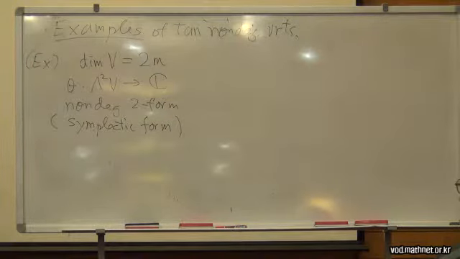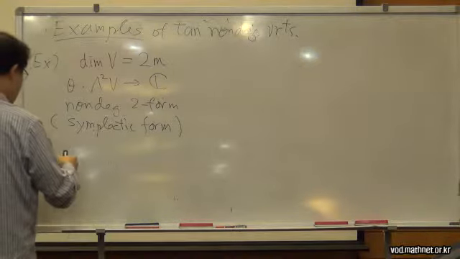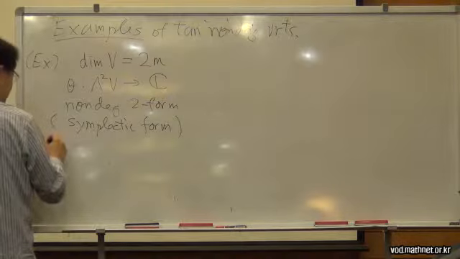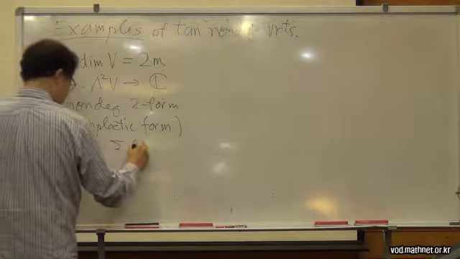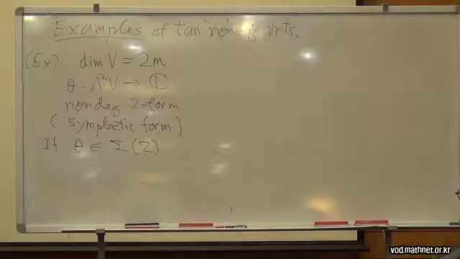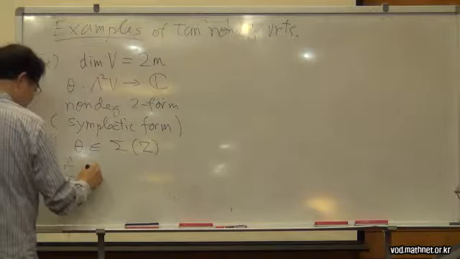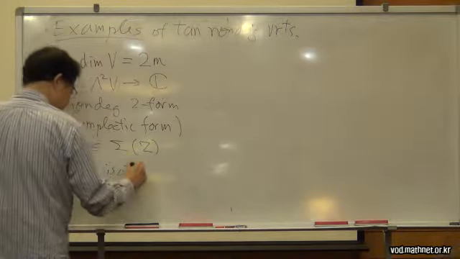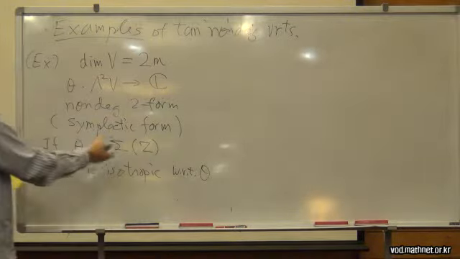You are given a symplectic form on an even dimensional vector space. Now, if theta belongs to sigma z, then this means that z hat is isotropic with respect to theta.